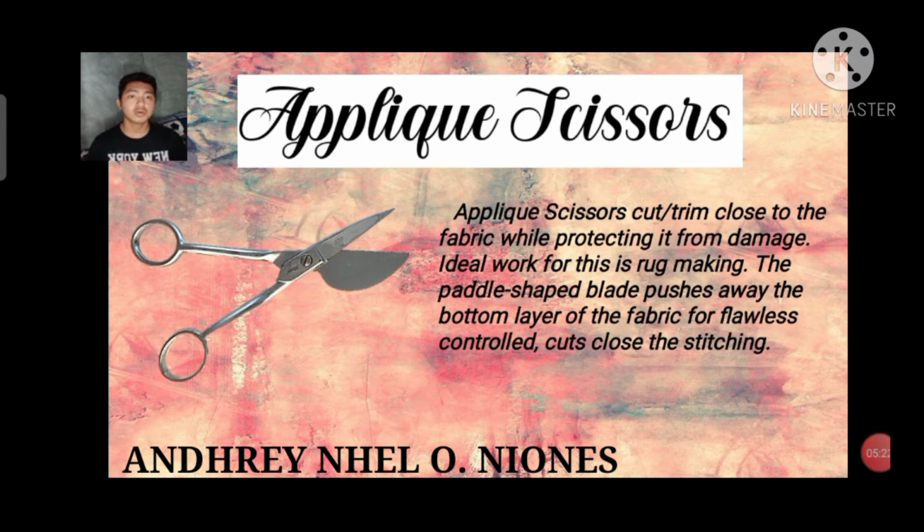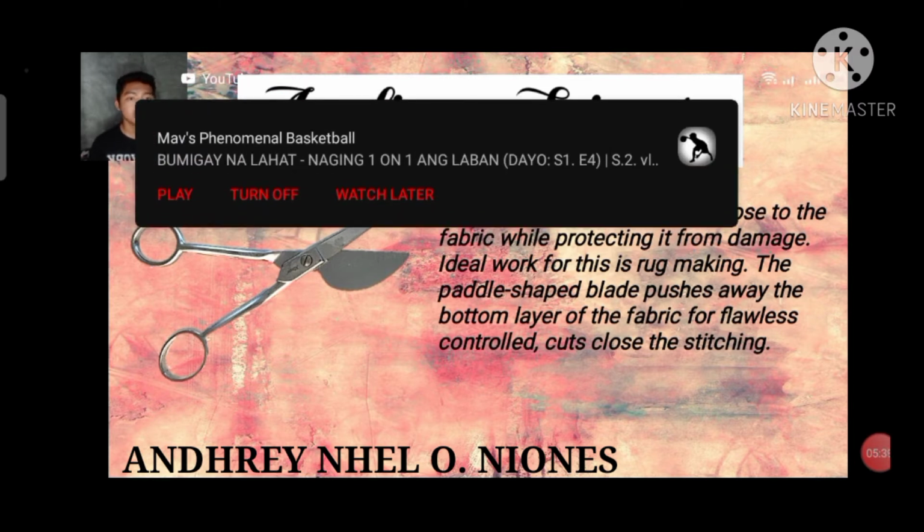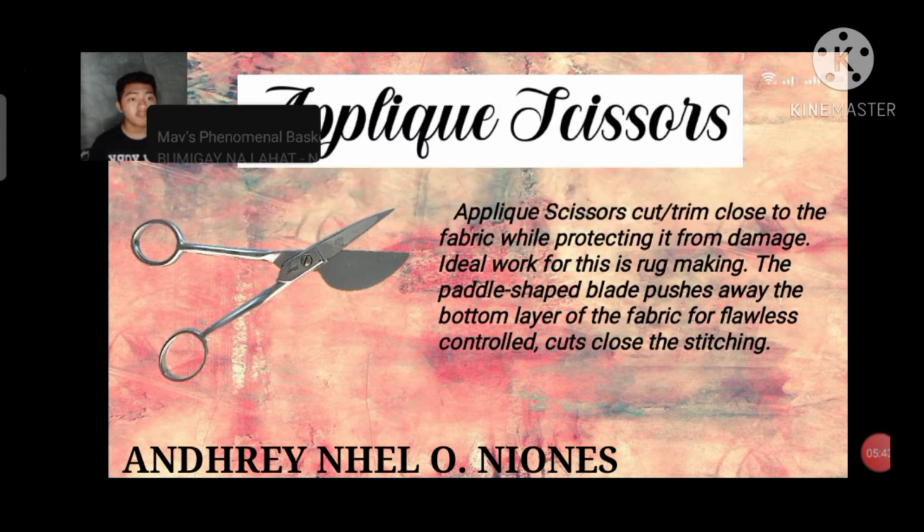So this scissor, you can also use it to cut or trim close to the fabric because of its features or appearance. Like you can use this for rug making. The paddle-shaped blade pushes away the bottom layer of the fabric for flawless, controlled cuts close to the stitching.